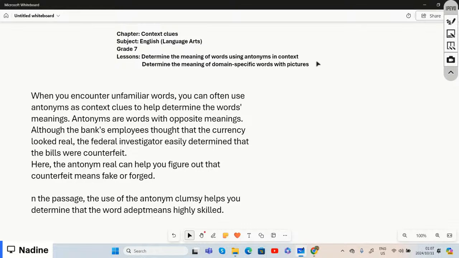Here is an example: although the bank's employees thought that the currency looked real, the federal investigator easily determined that the bills were counterfeit.